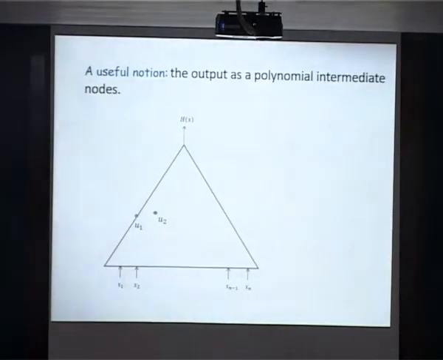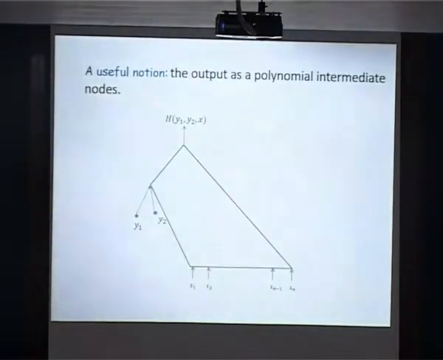So you discard the sub-circuit underneath U1 and U2 and replace them by formal variables, Y1, Y2. If you do that, your output would be a polynomial over the original variables and these new variables, Y1 and Y2. Okay? And we'll be doing this often, and we'll especially be concerned with the degree of H with respect to just these Y1, Y2 variables. That will also be very important for us.